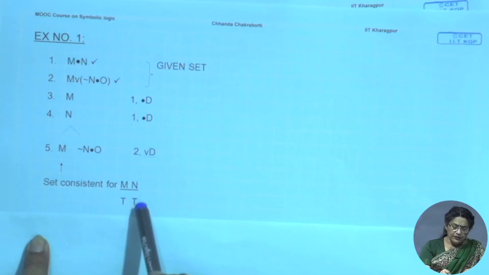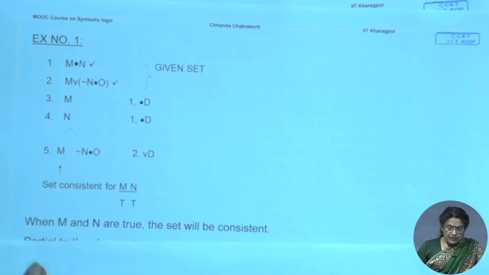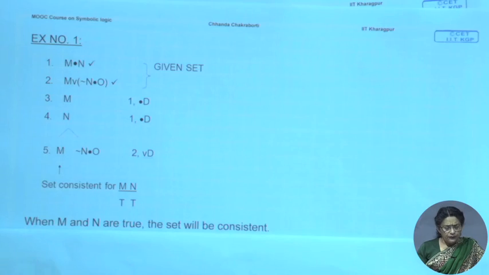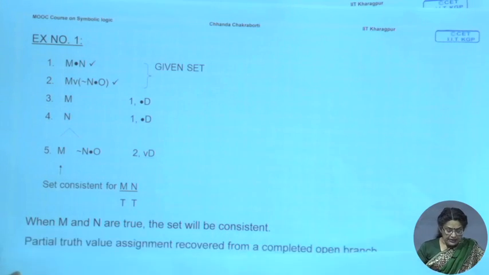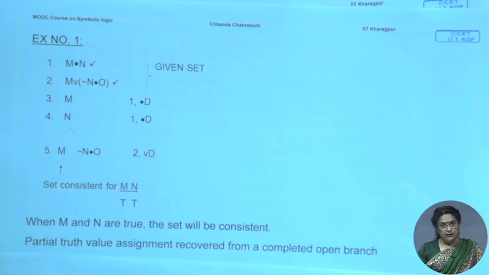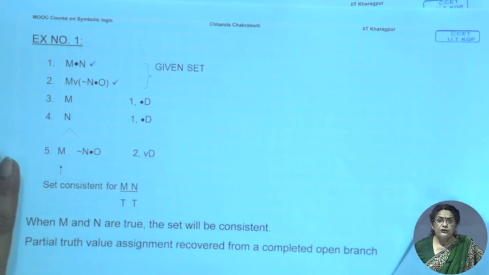This is nothing but recovered truth values from the completed open branch. So this is our answer: whenever M and N are true, the set will be consistent, and this set is shown by the truth tree method to be a completed open, a consistent set. So this was our first problem.